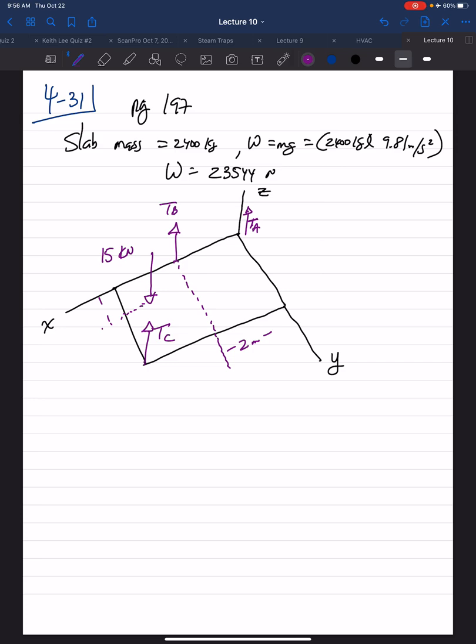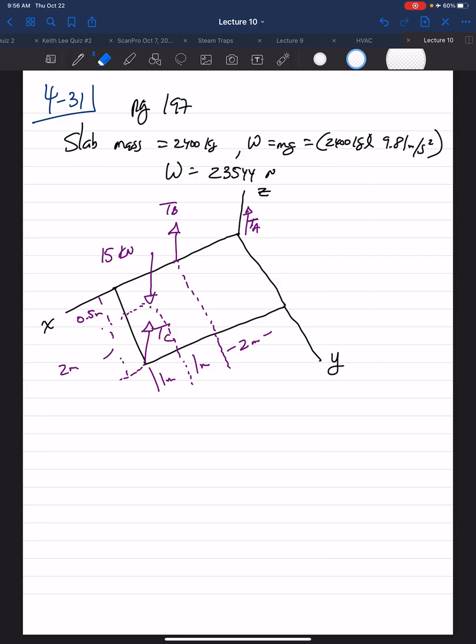This is 0.5 meters. This is 1 meter, 1 meter, and this is 2 meters. So this is a rectangle 4 meters by 2.5 meters.